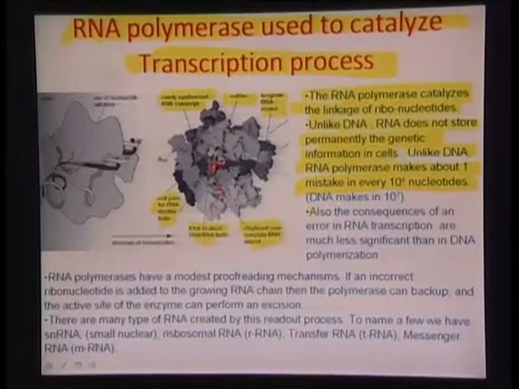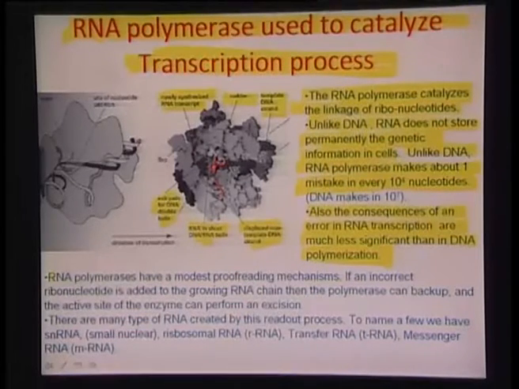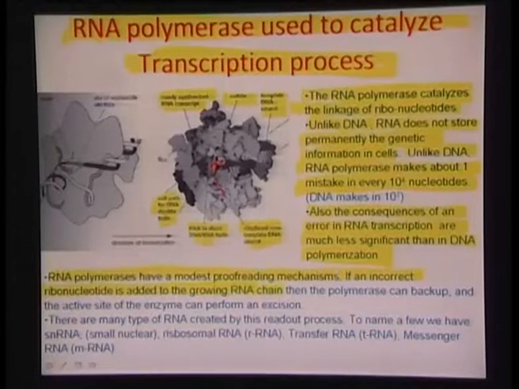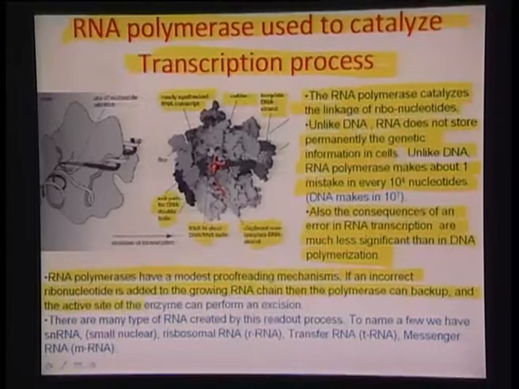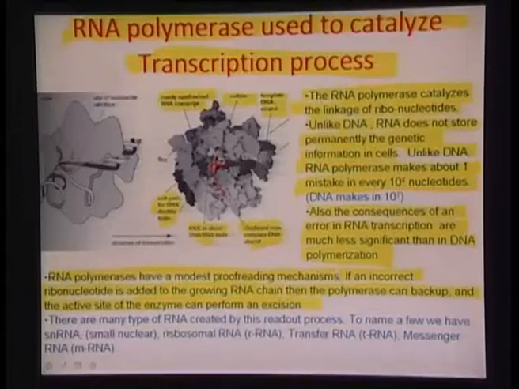Also, the consequences of an error in RNA transcription are much less significant than in DNA polymerization, as I just talked about. Okay, so RNA polymerase has a modest proofreading mechanism. If an incorrect ribonucleotide is added to a growing RNA chain, which is growing on the basis of the template molecule of the DNA, then the polymerase can back up and the active site of the enzyme can perform an excision.